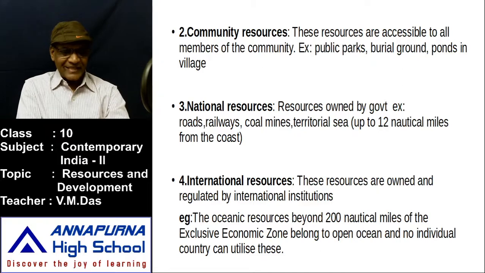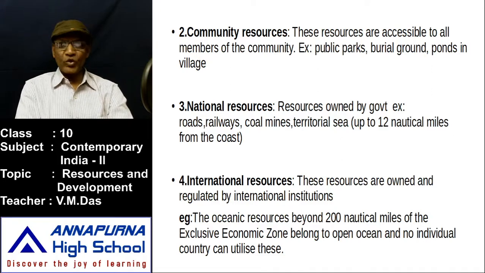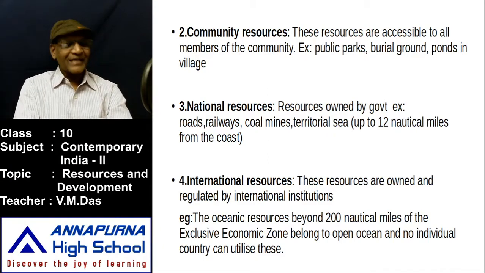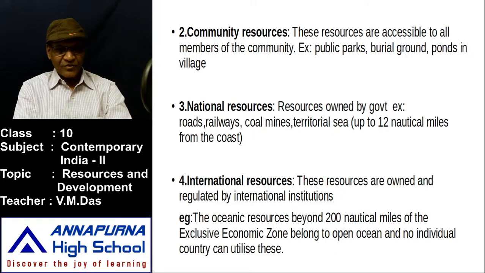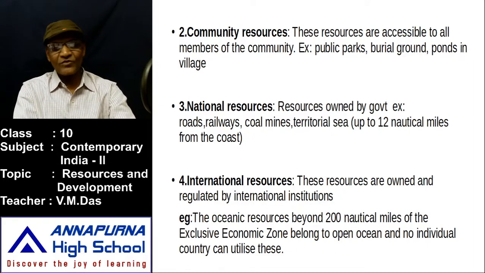Examples are the oceanic resources beyond 200 nautical miles of the exclusive economic zone, which belong to open ocean, and no individual country can utilize these resources, my dear children. So besides national resources, there are international resources too.